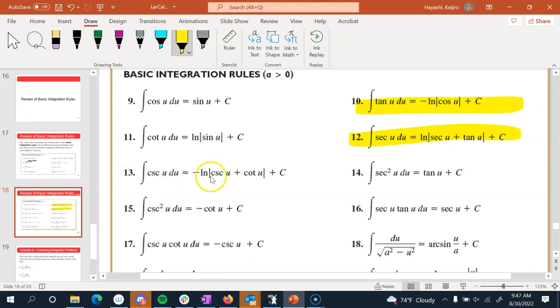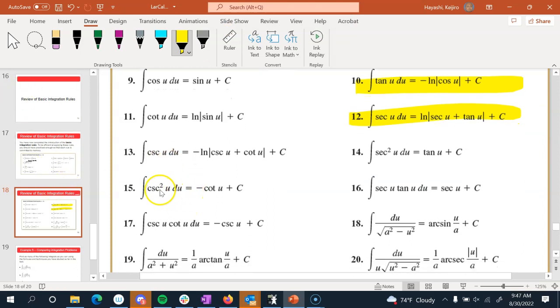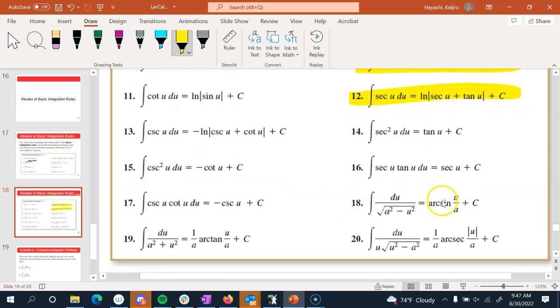But a lot of these are just the reverse of a lot of derivative rules, and then these last three are the ones that we just learned today. The integrals that have arcsine and arctan and arcsecant as their antiderivatives.